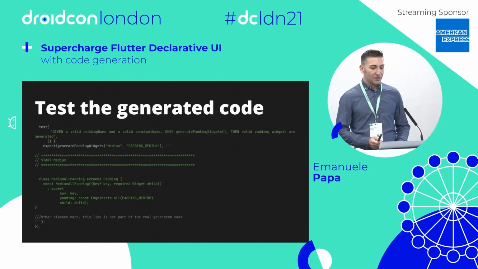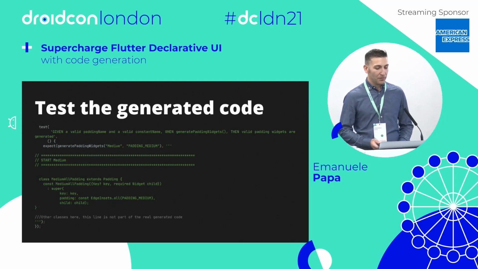Then, the last test, but probably the most important one, is the one that checks that the code which is generated is correct. Since this method returns a string, we can just write the source code we expect it to generate and compare it with the one returned by the method. Of course, here I omitted a lot of stuff, but all the classes will be in this string, and they need to match what is returned by the test.